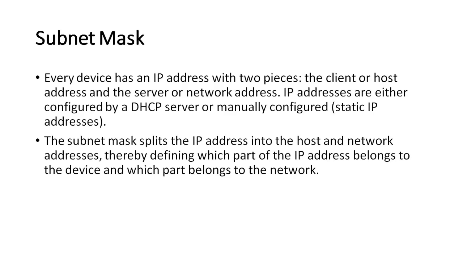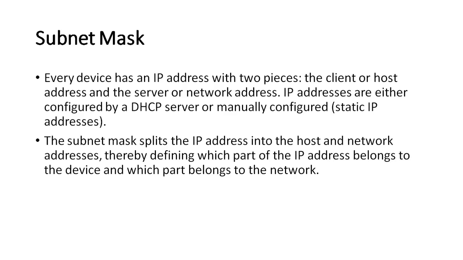In a subnet mask, every device has an IP address with two pieces. One is allocated for the host address and another is for the network address, and each IP address is either configured by a DHCP server or manually configured, or you can say a static IP address.